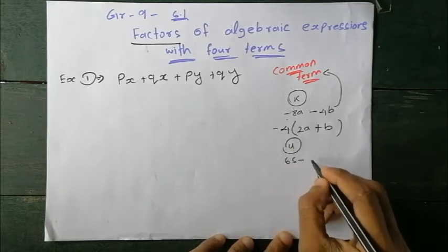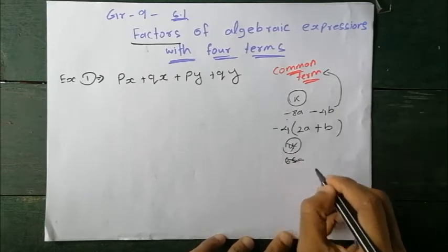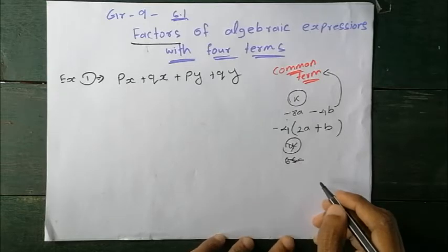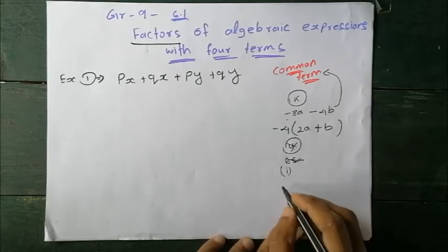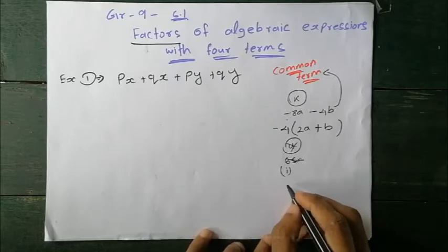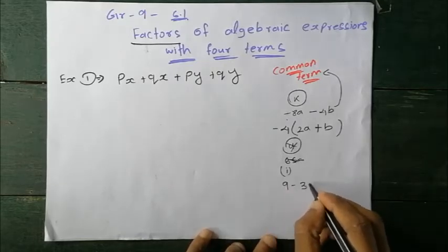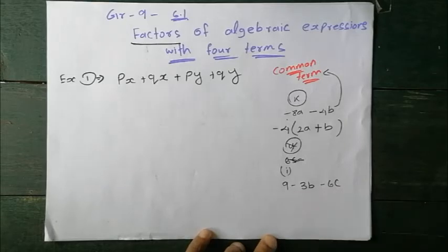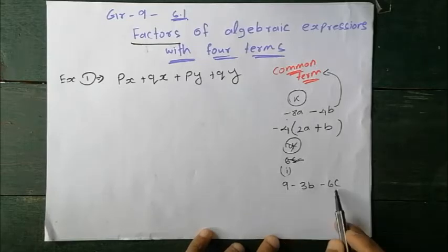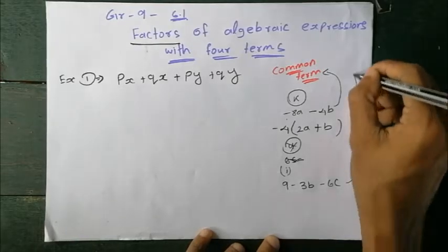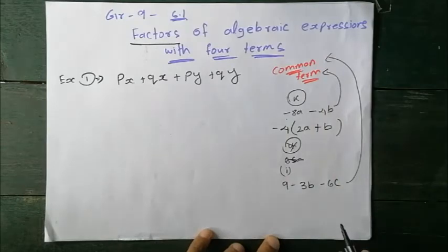Now we'll take a 3 term value. If you go to h or i, we'll take i. In i, we have the question 9 minus 3b minus 6c. Given an algebraic expression with 3 terms, if you check these 3 terms, we have a common term from all 3.